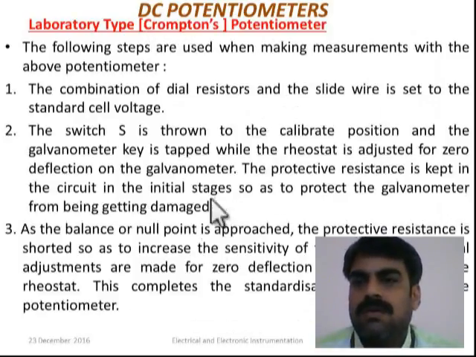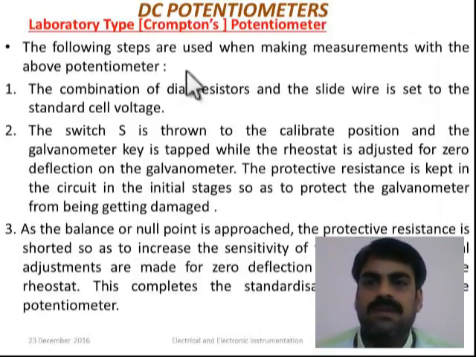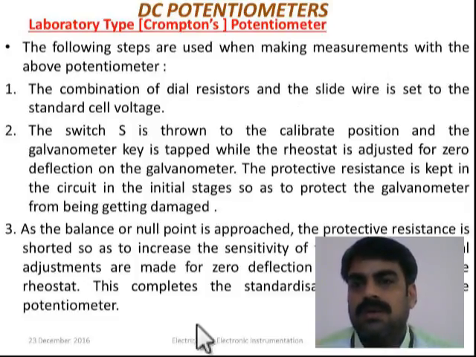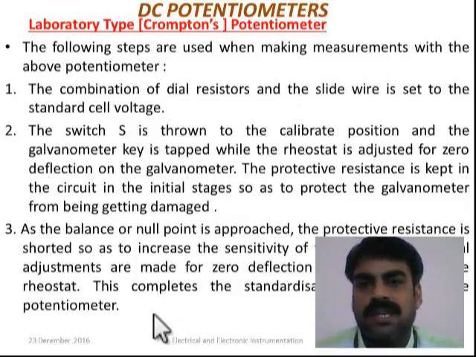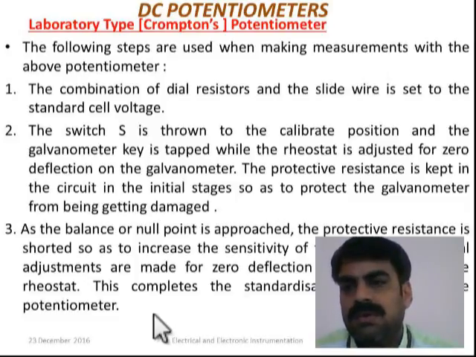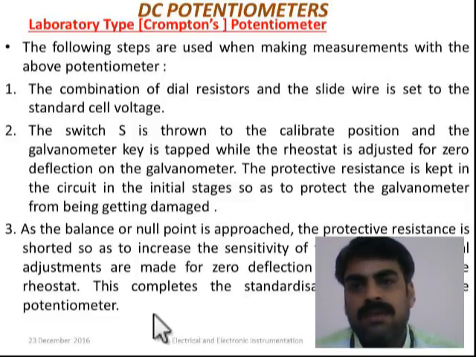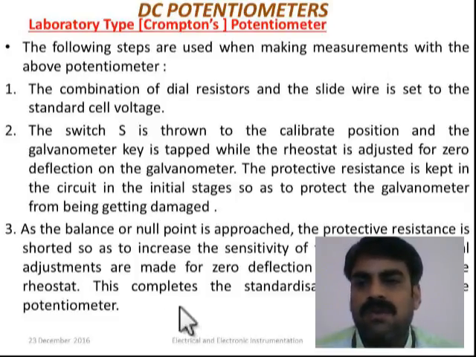Now let us see the steps used when making measurements with the above potentiometer. As I mentioned, the combination of main dial resistor and slide wire is set to the standard cell voltage. Second step, the switch S is thrown to the calibrate position, and the galvanometer key is pressed while the rheostat is adjusted for zero deflection on the galvanometer. This procedure is basically called standardization.